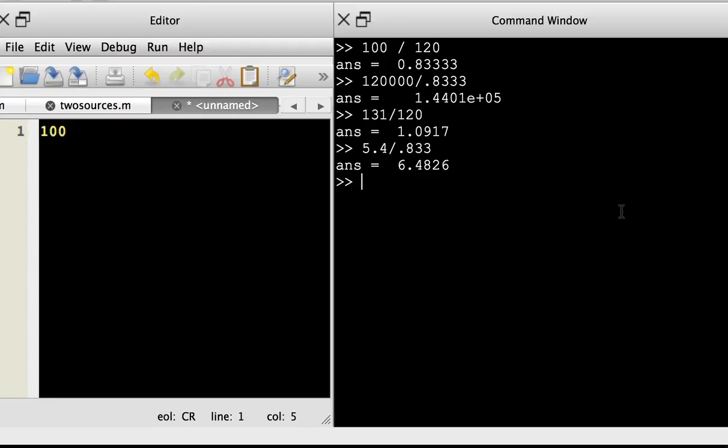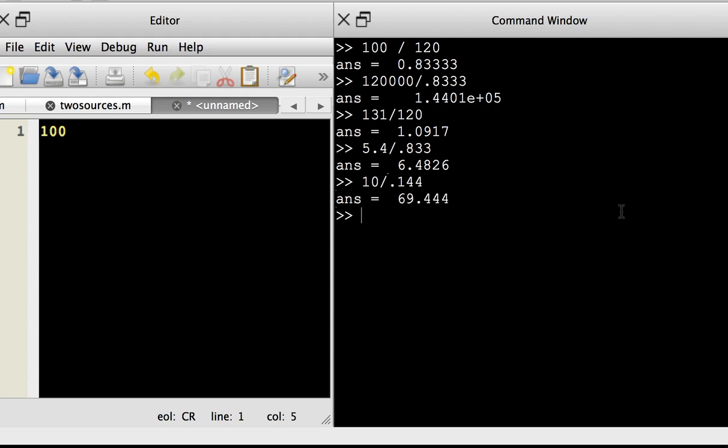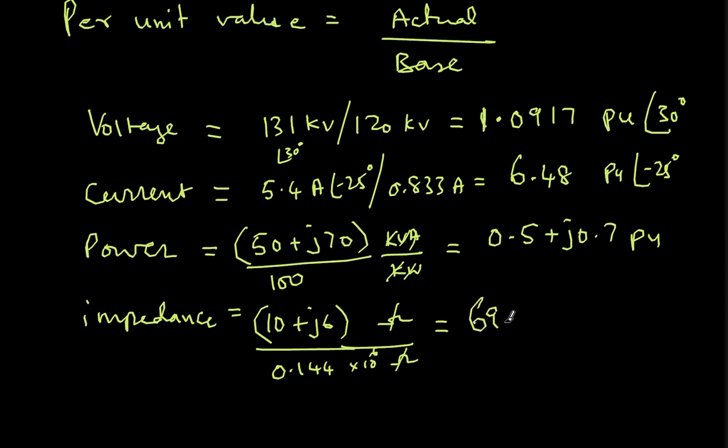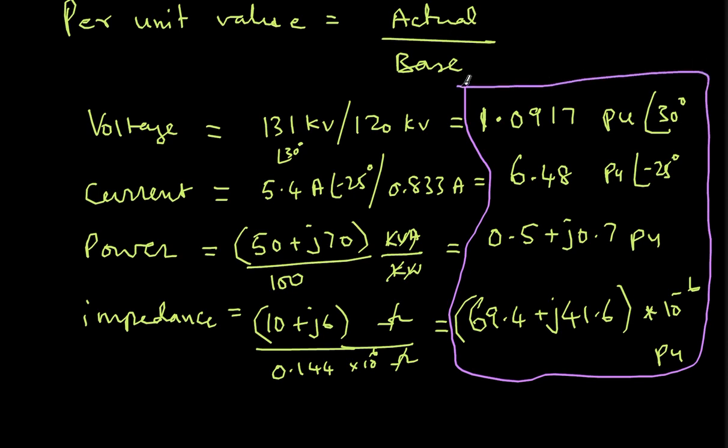So 10 divided by 0.144 is the resistance part, and then 6 divided by 0.144 is the reactance. 69.4 and 41.6, into 10 power minus 6 will be there. This is in per unit. This way I am able to convert the four electrical quantities into per unit. So this is our final answer, the per unit quantities.